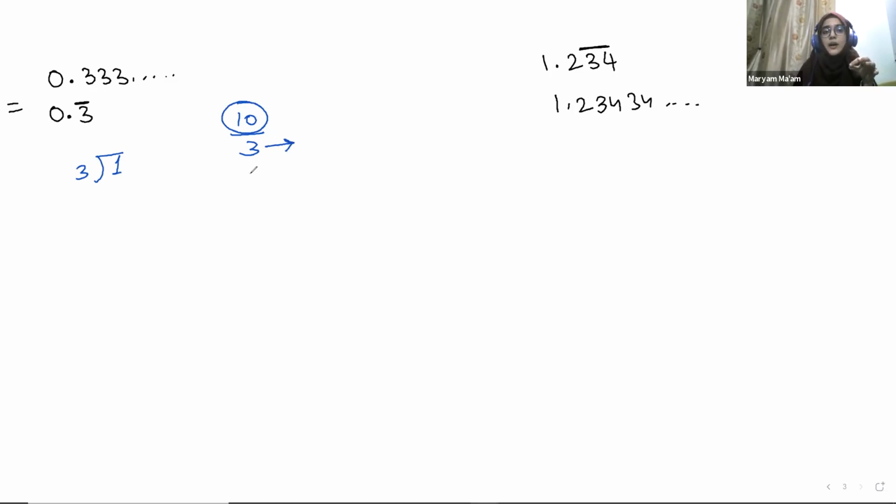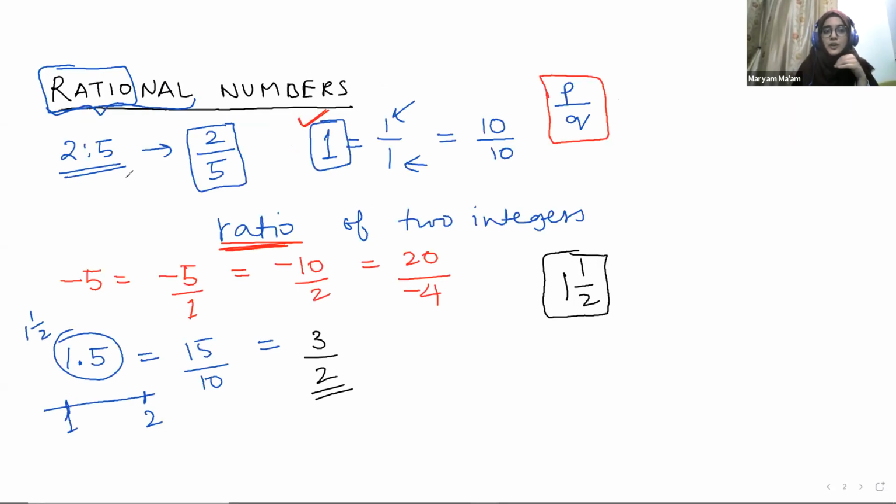So the quotient comes out to be 0.3 bar, right? 0.333 keeps on repeating. So 0.3 bar can be written as 1 by 3. Similarly, you must have seen 0.6 bar.